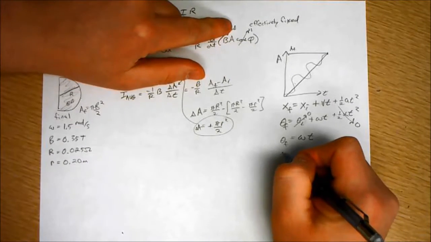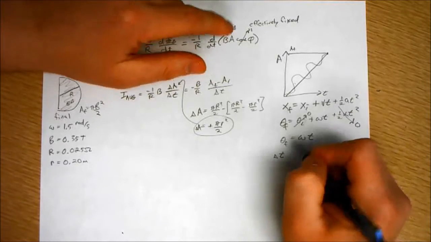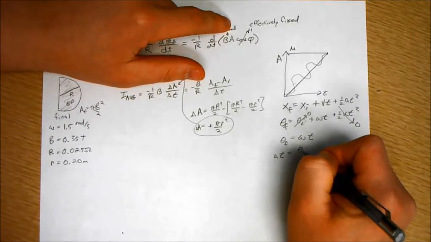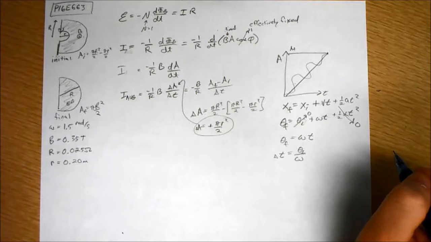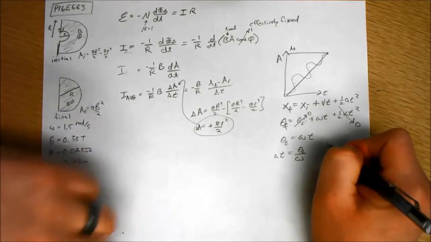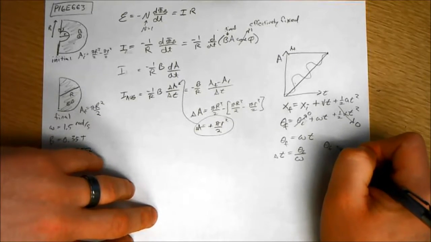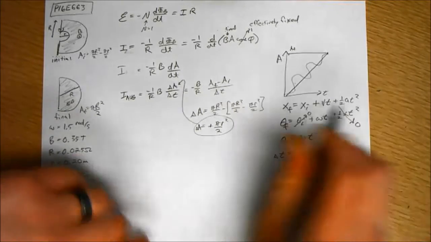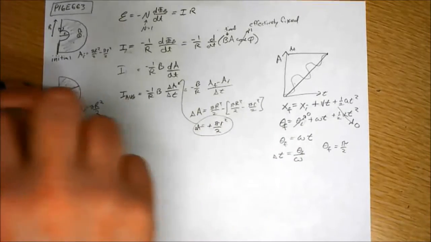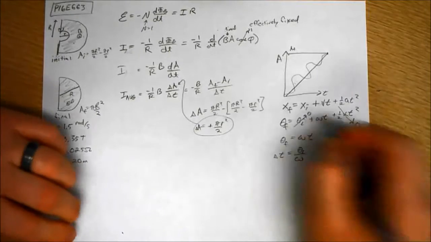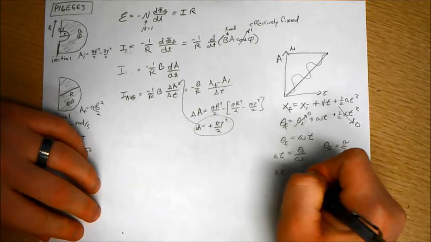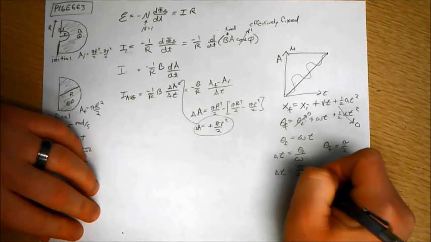That means t, and again, this is applied delta t, is equal to the final angular position over omega, and the final angular position equals pi over 2 because it's going from 0 to pi over 2. So I can plug that in. Delta t is equal to pi over 2 omega.